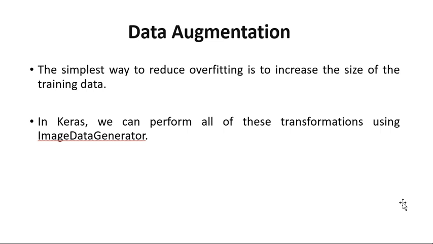Sometimes the data is not sufficient, and then the model again goes towards overfitting. In that case we have to increase the sample size, and to increase the sample size, data augmentation is useful. In Keras we have a function called ImageDataGenerator.